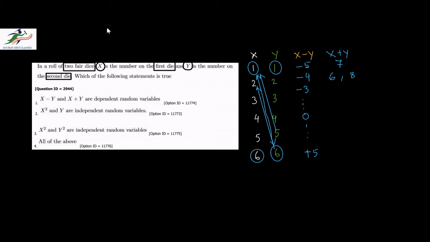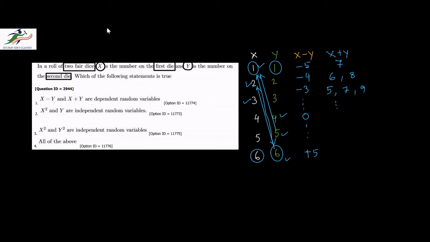Similarly, x minus y being minus 3 means that it is 1 and 4, or 2 and 5, or 3 and 6. So the possible values of x plus y would be 5, 7 and 9.